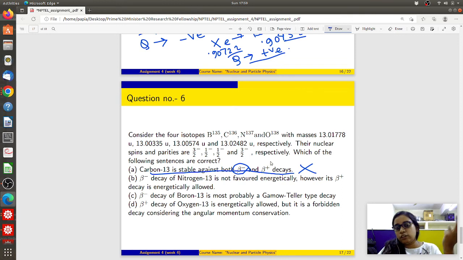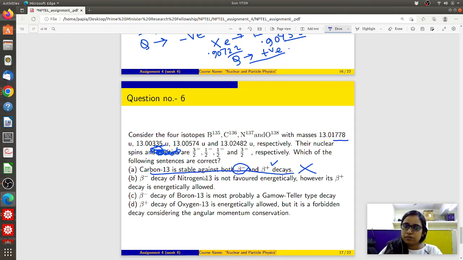But you can check whether beta plus is allowed or not with the calculation of the Q values, from 335 to 1178. So it is kinematically possible that beta plus is allowed for carbon 13.